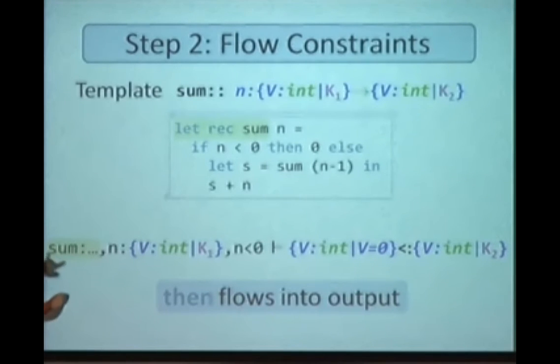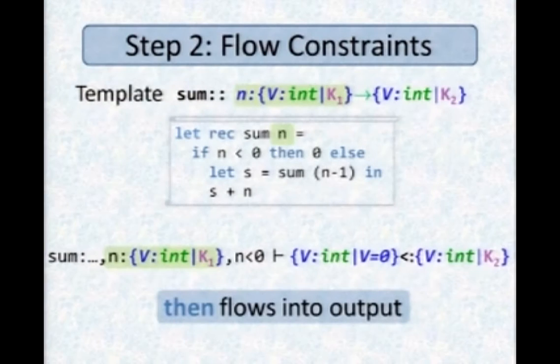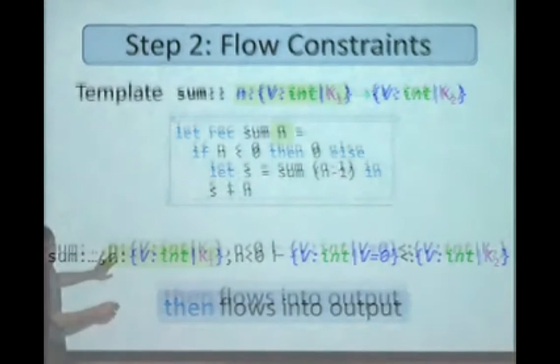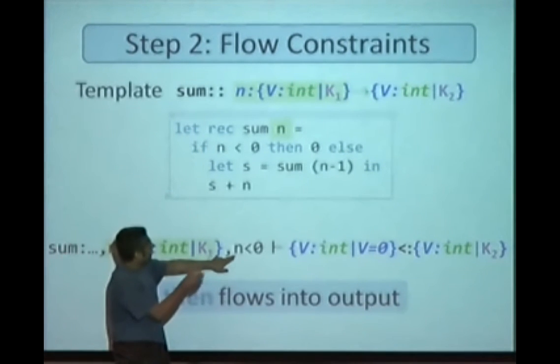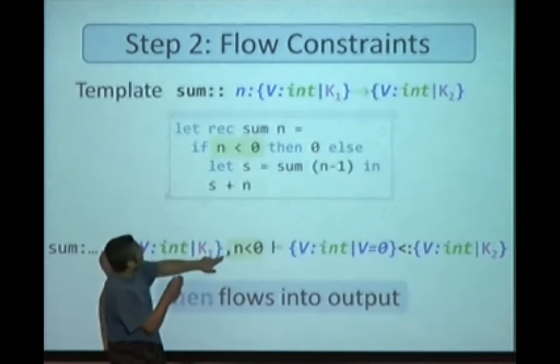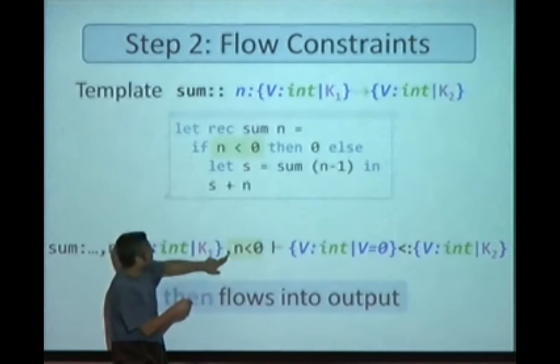Okay, so what are the types that are in the environment? Well, we have a type for sum, which is this template. We have a type for n, which is the precondition, the input. So n is known to have type k1. That's from the template. And further we know that the then branch is evaluated under a guard, if n less than 0.